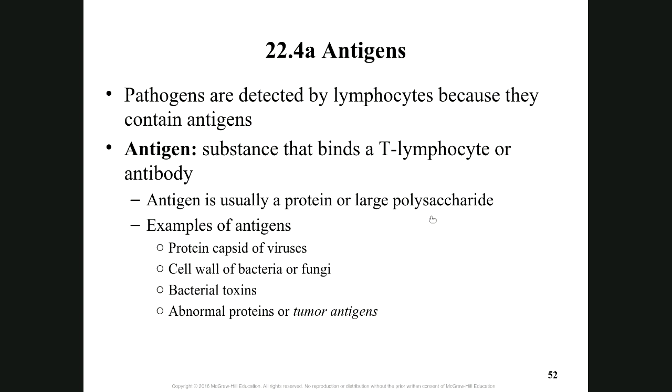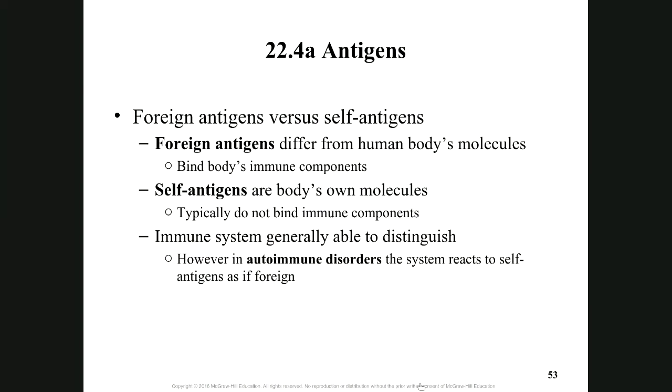which we call tumor antigens. We have different types of antigens. Some of the antigens are called foreign antigens. Foreign antigens differ from human body molecules, and we have some self-antigens, which are the antigens on the cell surface inside the body.